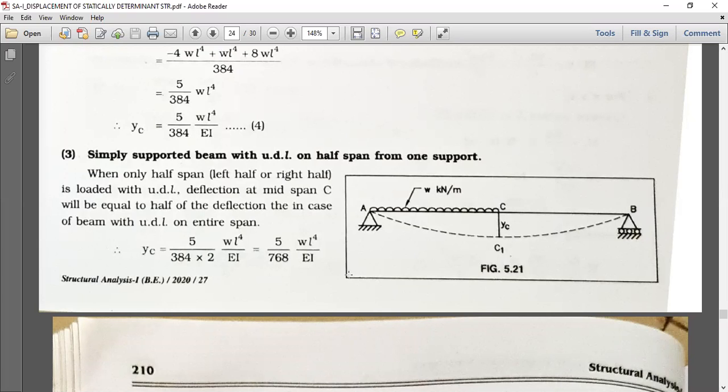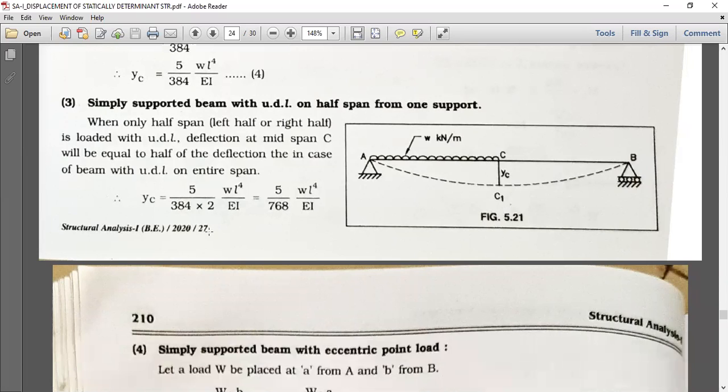So the final answer is YC is equal to 5 by 384 into 2 W L raised to 4 upon EI, which is equal to 5 by 768 W L raised to 4 upon EI.